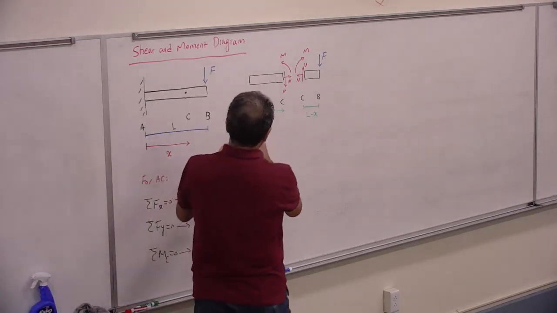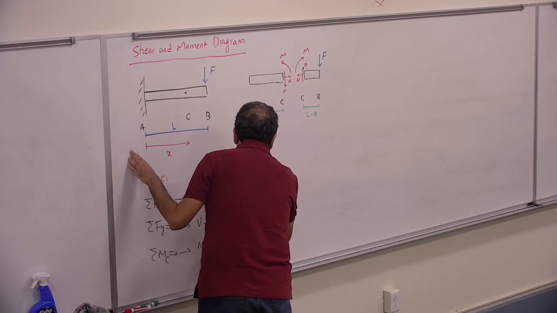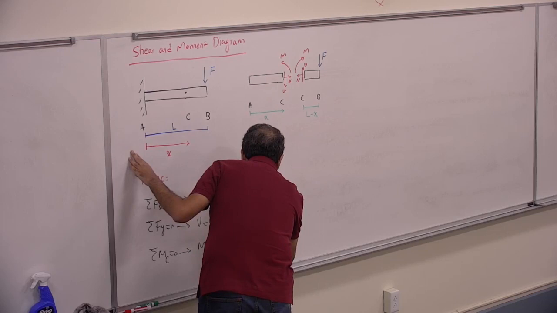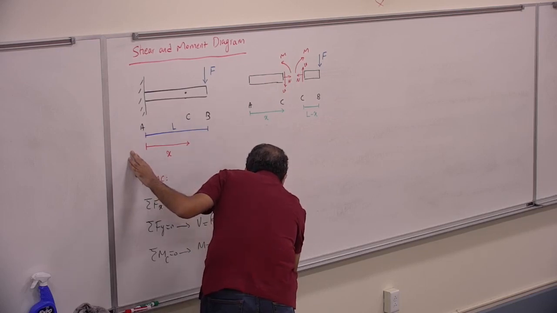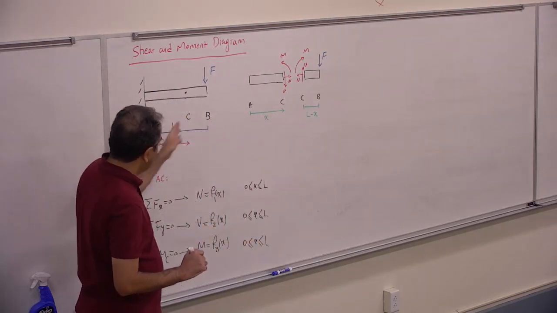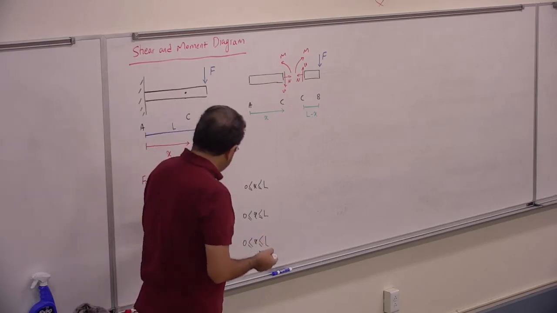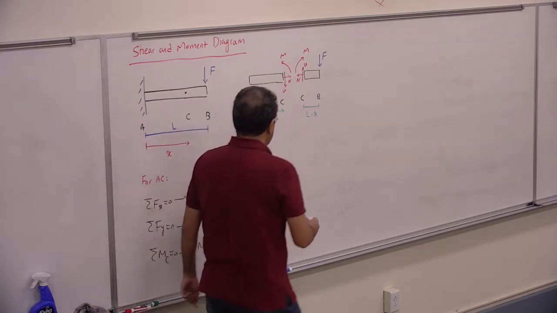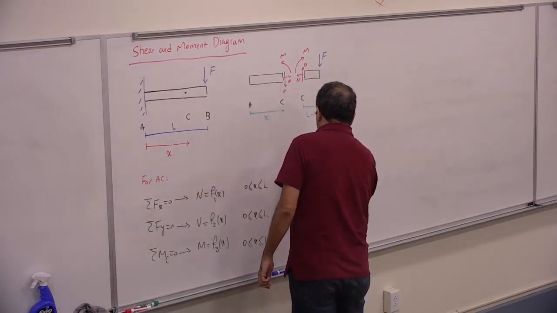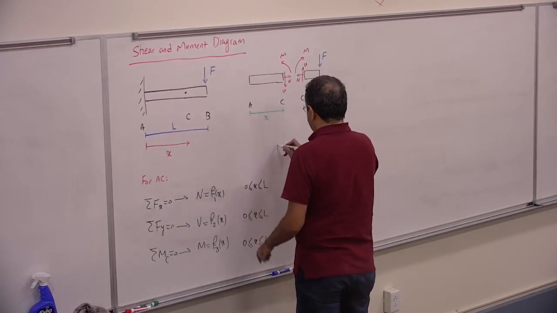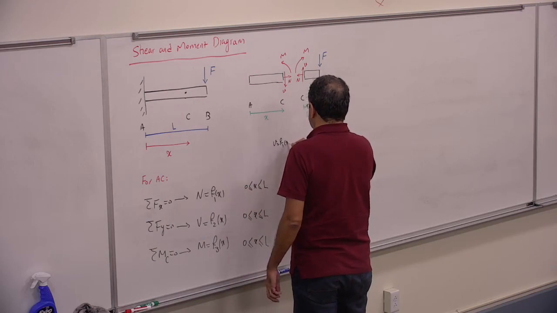And where is x going to be in this case? The x is going to be between 0 and L. And then I can go ahead and draw these two. This is the x, and this is V equal to f1(x).